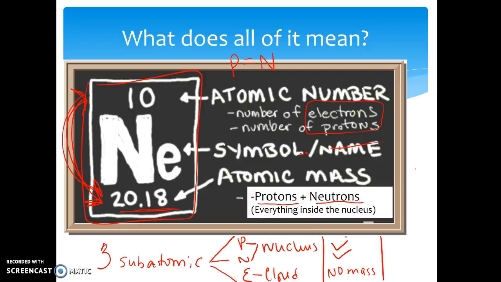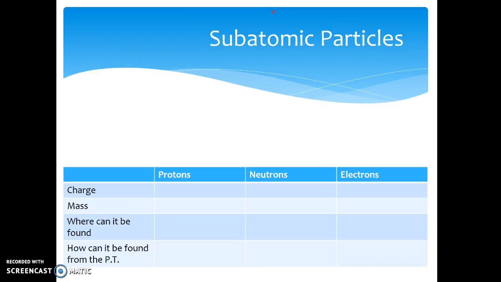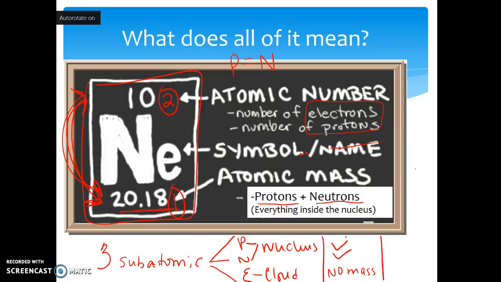So in order to find the number of neutrons, you're going to take this and subtract this. You're just going to subtract those two numbers. So if I'm going to find the number of neutrons of neon, you're going to say 20 subtract 10 gives you 10. So neon naturally has 10 neutrons.